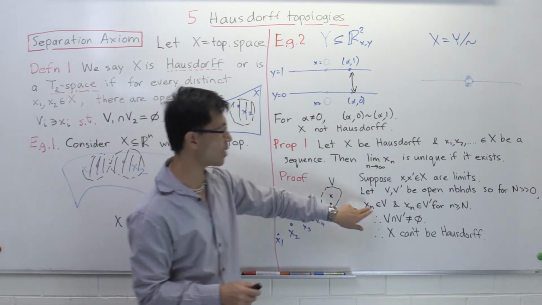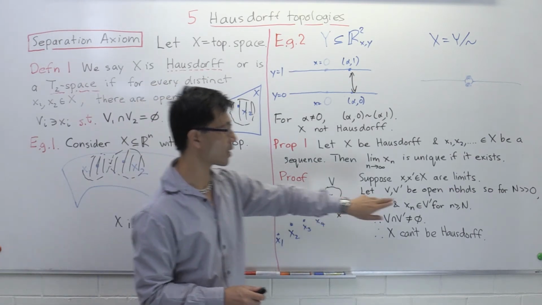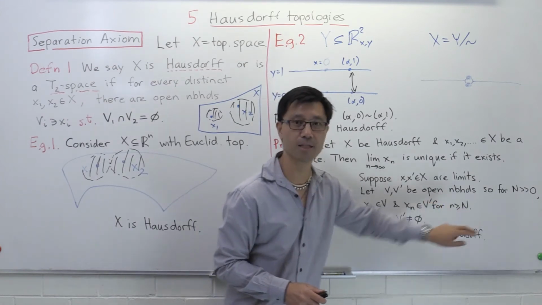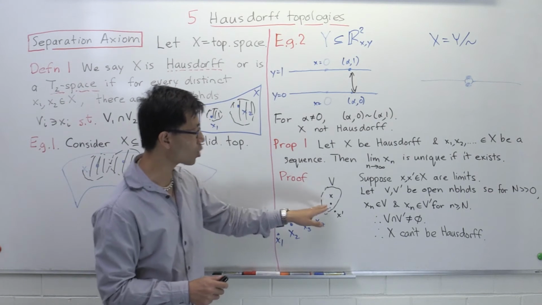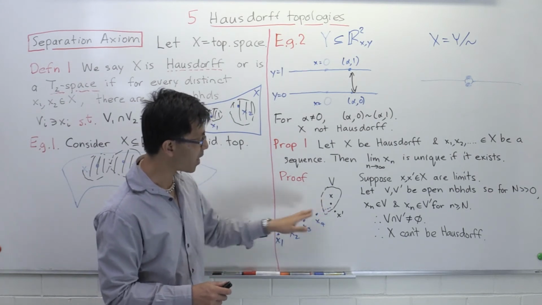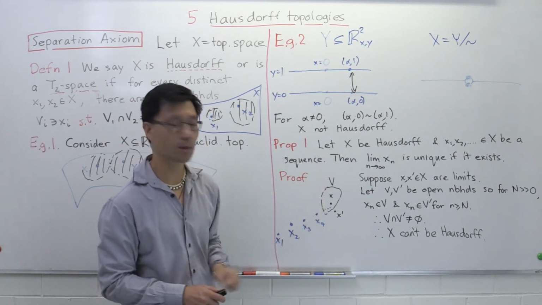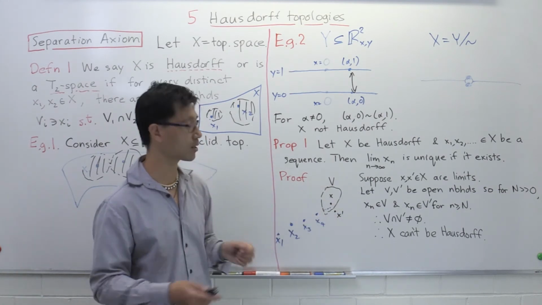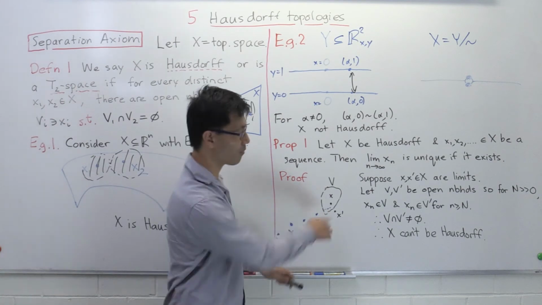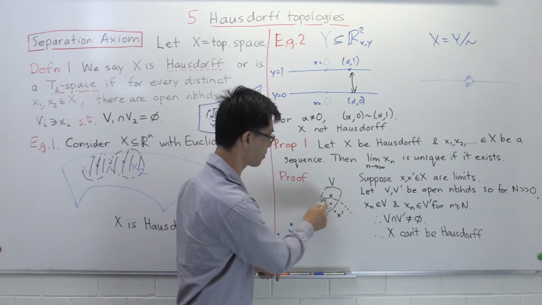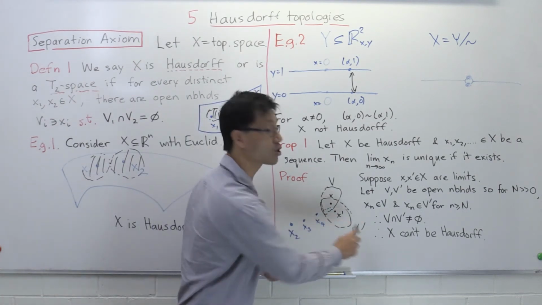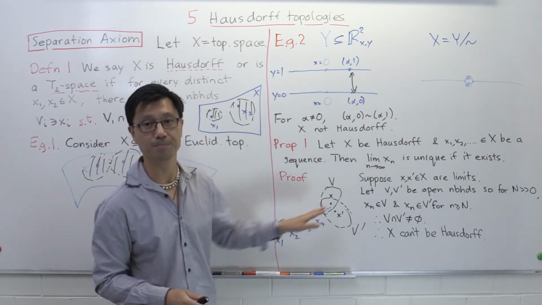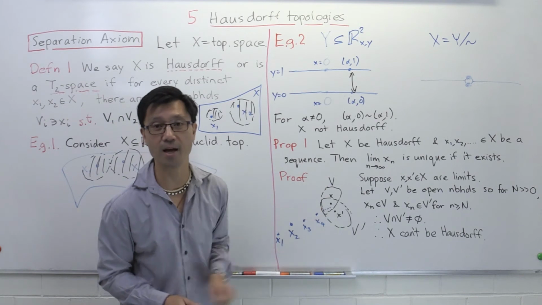So all xn will be in there as long as n is bigger than or equal to some sufficiently large big N. So it will contain all but finitely many of this sequence. Also, what does it mean that x prime is a limit of this sequence? The same thing. Given any open neighborhood of this x prime, let's call it V prime, it has to contain infinitely many of this sequence, in fact all but finitely many.